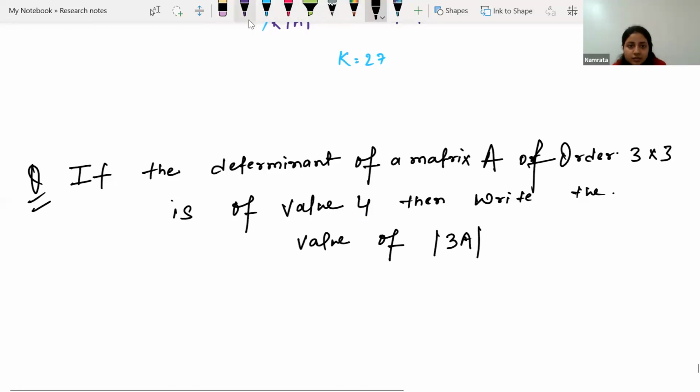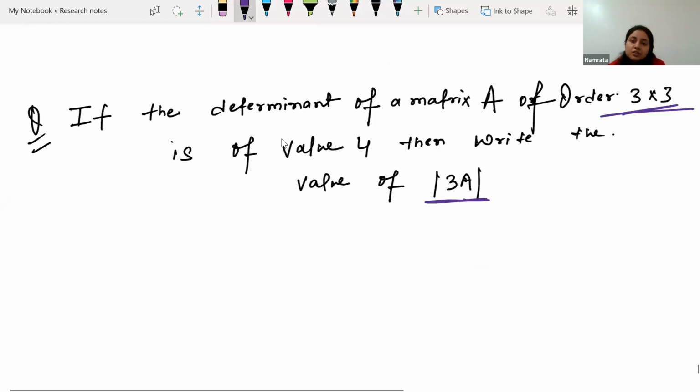Okay, again it's like the previous one only. Here you can see it's exactly like the previous one. Here also the order is 3 cross 3. So if the determinant of a matrix of order 3 cross 3 is of value 4, what's the meaning of that?